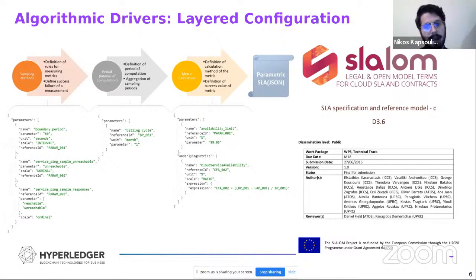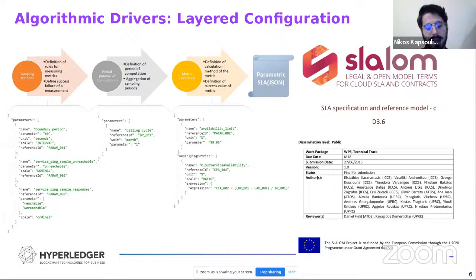This, as we will see in the next explanations, is how we want the chain code to execute inside the Fabric network, as we're going to see on the blockchain. So this is the intelligence, if you want, the SLA intelligence that should happen in an agreement. This is how it happens in the standard and conventional SLAs. So the three layers are the sampling, the interval of computation, and the calculation.